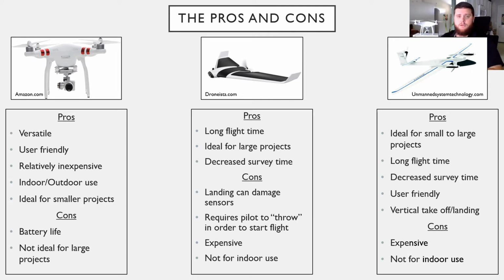But when it comes back, you're not catching that thing. So we have to land it on the ground. But when we land it on the ground, the belly of the aircraft can become damaged. And what's on the belly of the aircraft? Our sensors and our camera. So over time, if you have a bad landing, that can cause some serious damage to your sensors and your camera. Like I said, it requires the pilot to throw in order to start the flight.